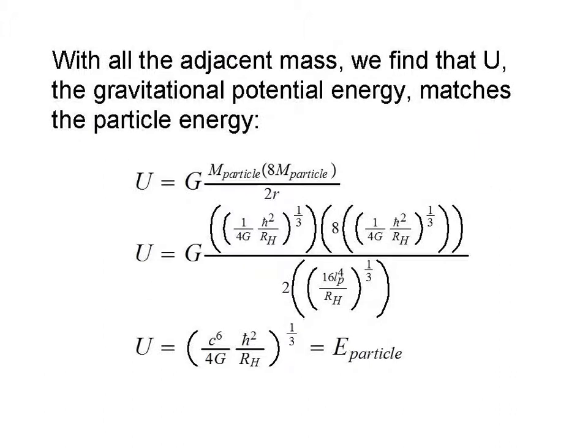Considering then all of the adjacent mass in the full volume around the absorbing particle, we find that U, the gravitational potential energy, matches the particle energy. We see that U is equal to the particle mass times the mass of the surrounding particles divided by 2 times particle radius. And this works out to be gravitational potential energy U is equal to the energy of a particle.